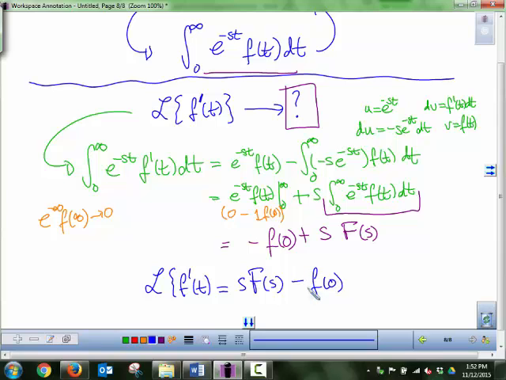But if you put 0 into that function, you just get a constant, right? Yeah, looks right. Okay.